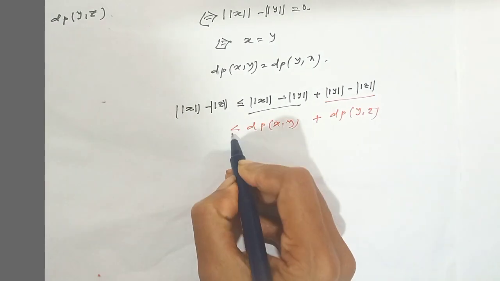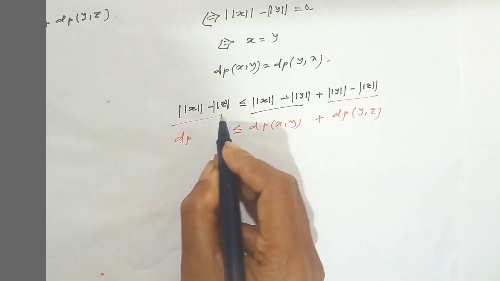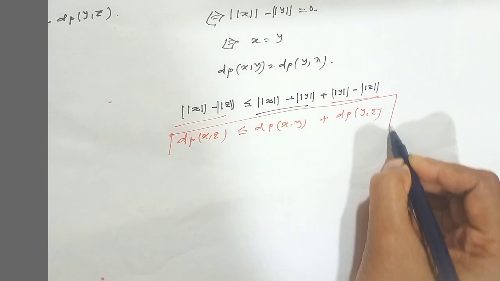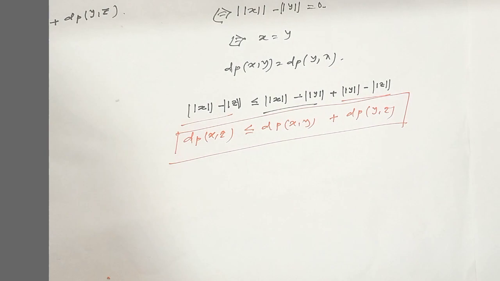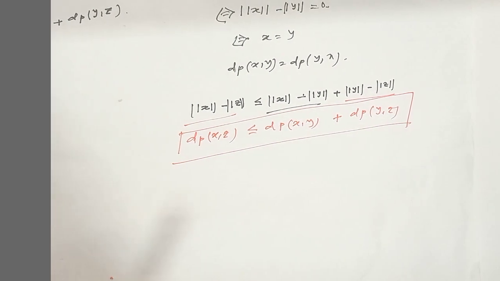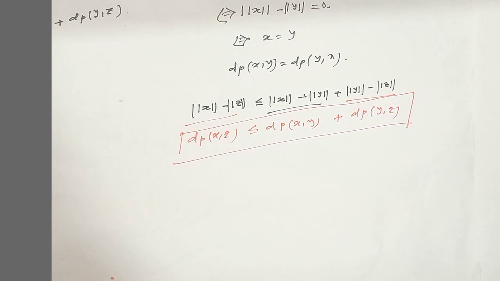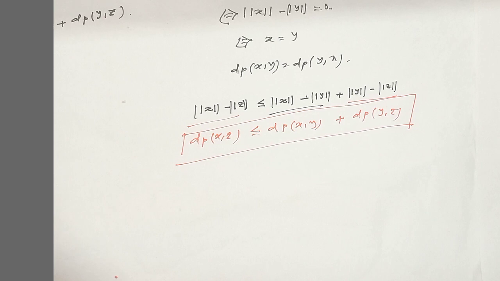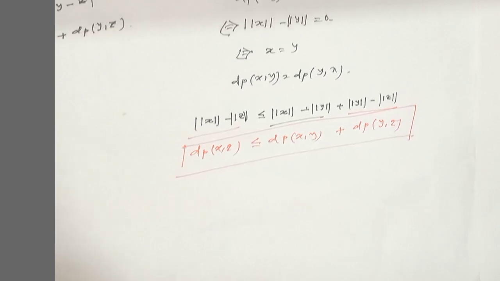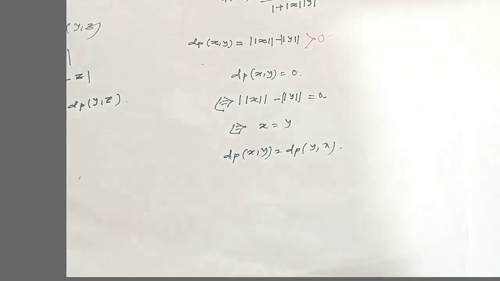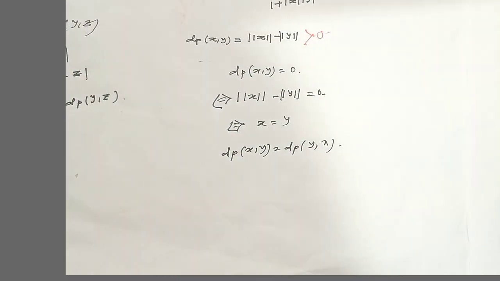That means dp(x,z) is less than or equal to dp(x,y) plus dp(y,z). Therefore, the triangle inequality is also satisfied. Since all conditions of a metric space are satisfied, dp(x,y) is a metric.